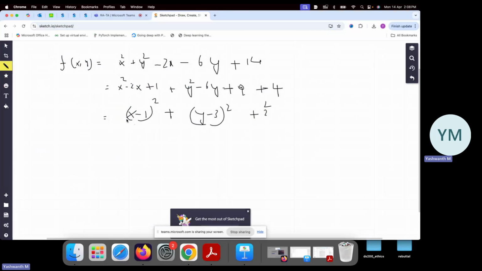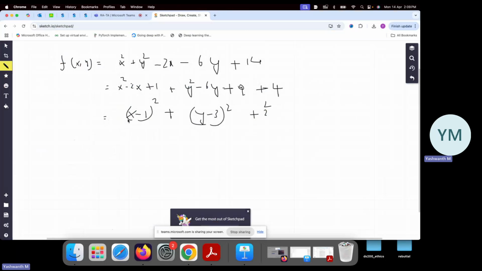When we add them, it is again a convex function in both x and y. As we know, when the function is convex, the local minimum is the same as the global minimum.